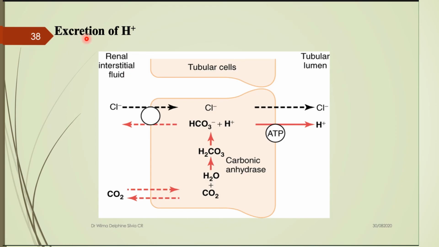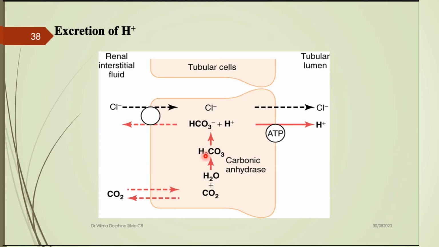Excretion of hydrogen ions. This process occurs in the proximal convoluted tubules. There is a generation of bicarbonate with the net excretion of hydrogen ions. The carbon dioxide generated by the cellular metabolism combines with water to form carbonic acid in presence of the enzyme carbonic anhydrase.